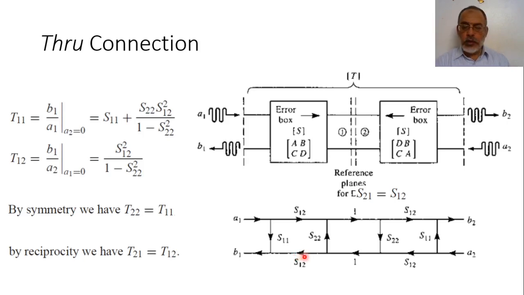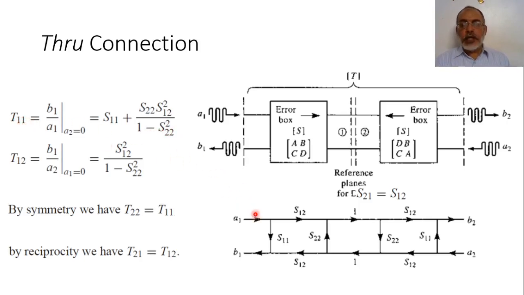But in addition, we have a self loop here, S22 multiplied by S22. So this path would be S12, S22, S12 over 1 minus S22 squared.